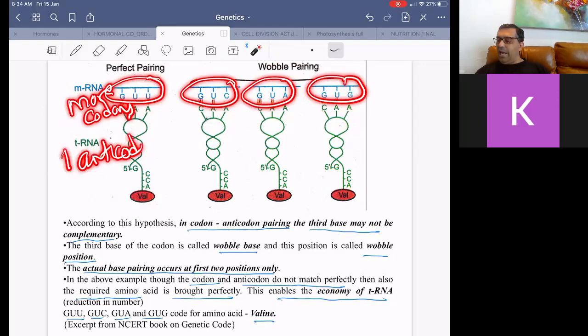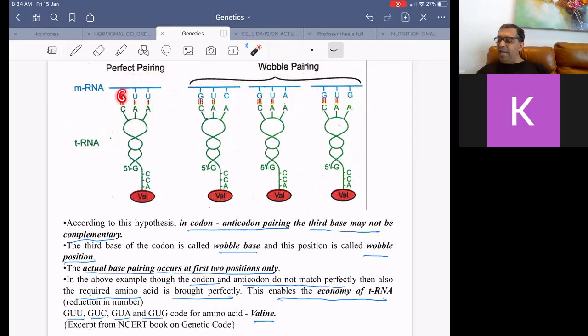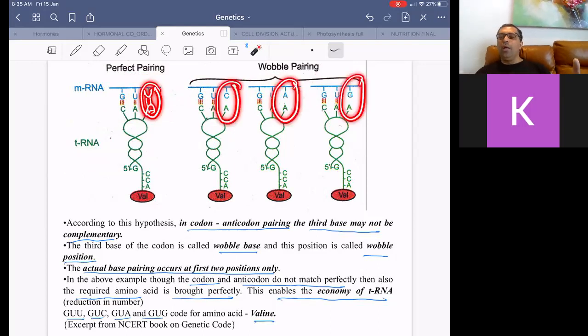So with more codons, one anticodon of the tRNA can pair, and that requires a perfect pairing between the first and second nucleotide, GC, UA. इनके बीच में परफेक्ट पेयरिंग होना चाहिए. But for the third nucleotide, U pairs with A may be specific, C pairs with A is wrong, A pairs with A, absolutely wrong. G pairs with A, absolutely wrong.